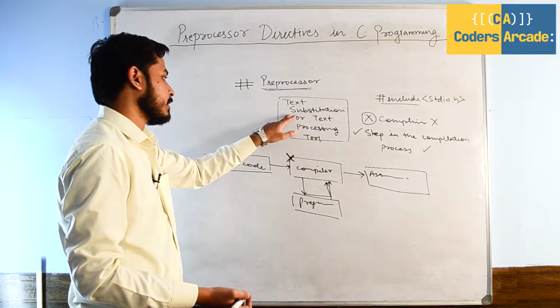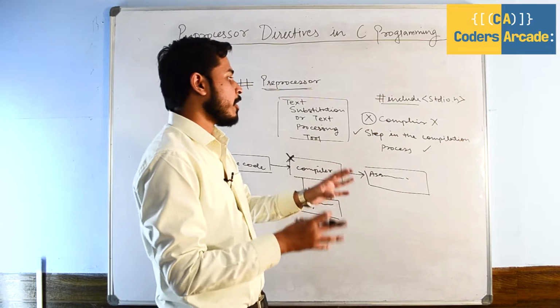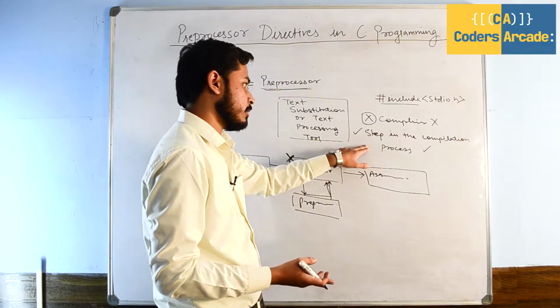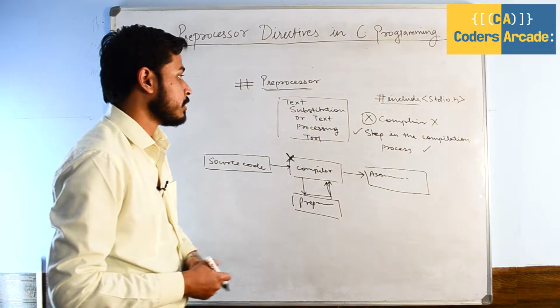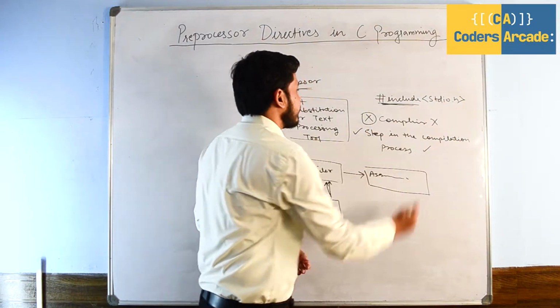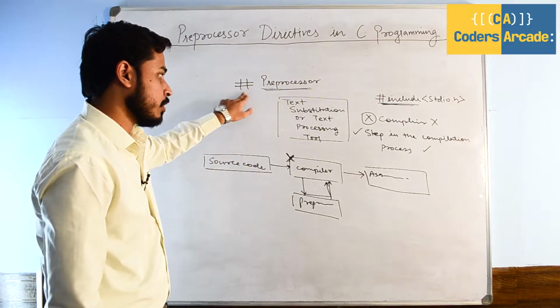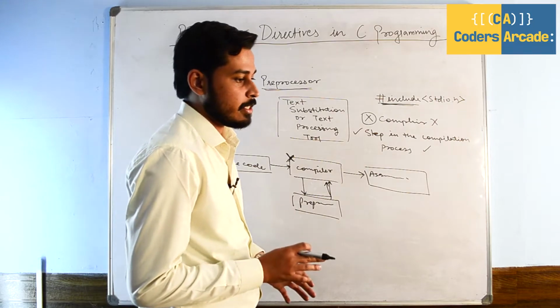It is a text substitution or text processing tool, and it is not part of the compiler, but it is one of the steps in the standard compilation process. An example of a preprocessor directive is hash include stdio.h. In this case, hash include is the preprocessor directive, and it always starts with a hash symbol.